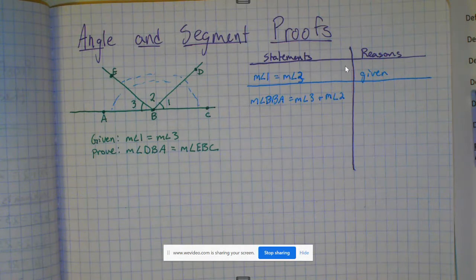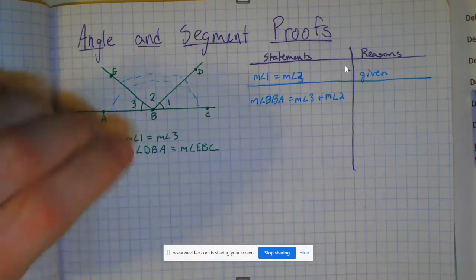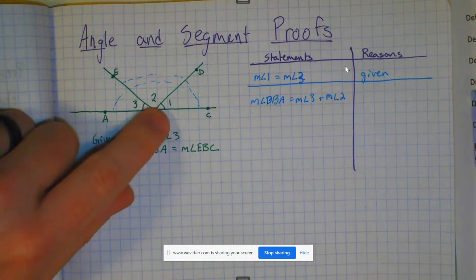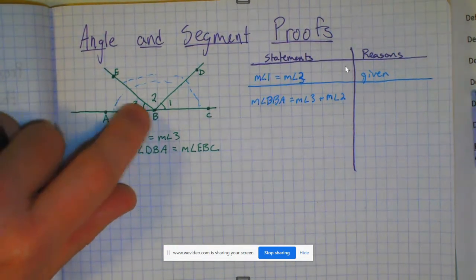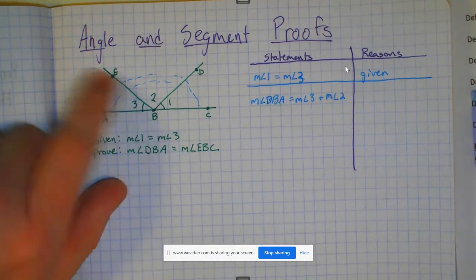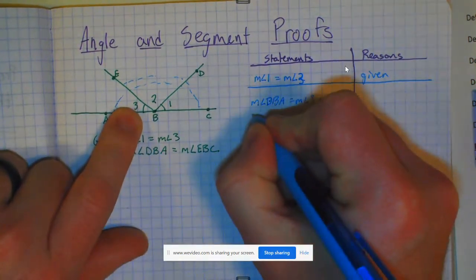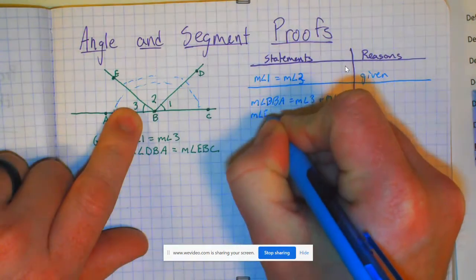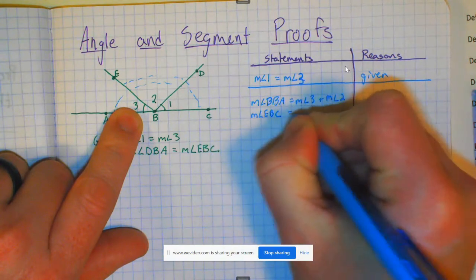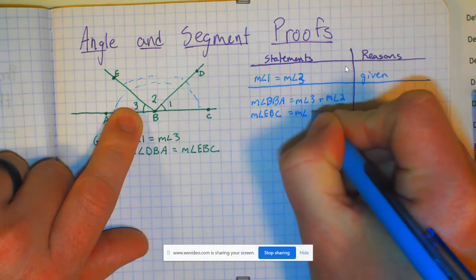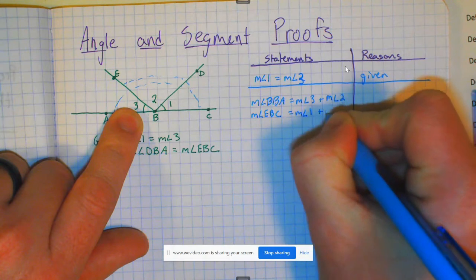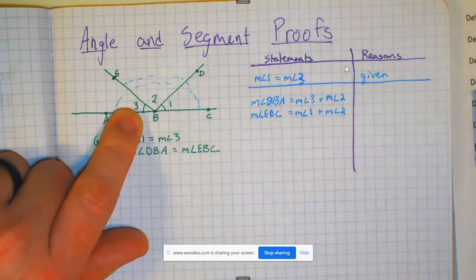Okay. We also know here that I can take angle 1 and angle 2 and get EBC, which is what I want. So the measure of angle EBC equals the measure of angle 1 plus the measure of angle 2.